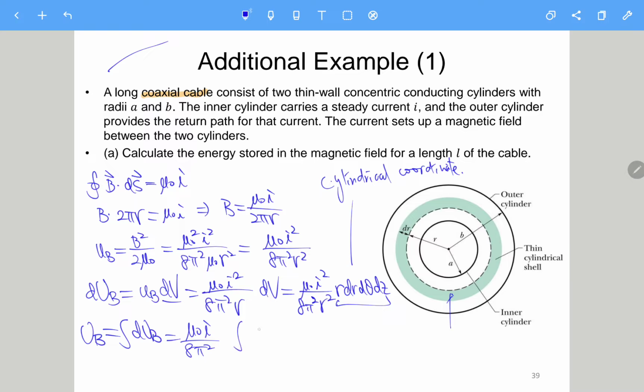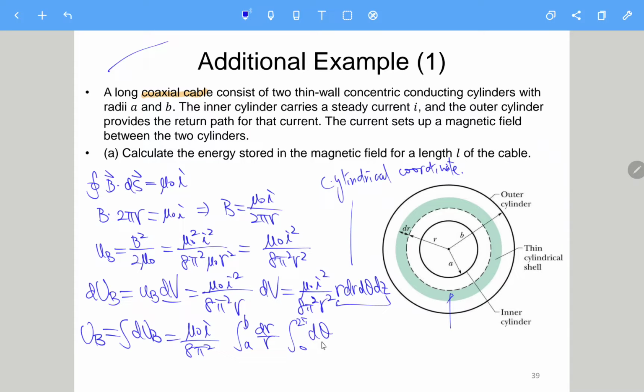So 1 over r dr, integrated from a to b, and then d theta integrated from 0 to 2 pi.